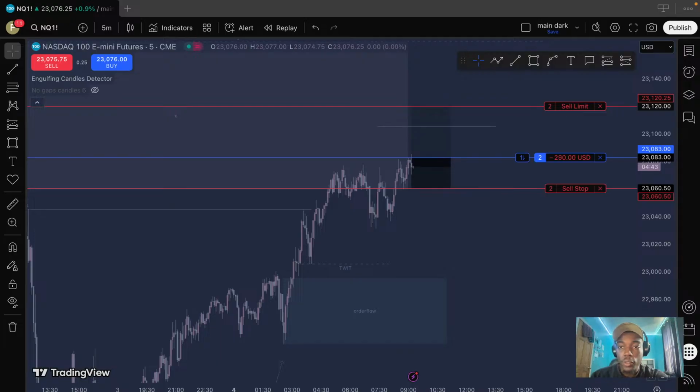But we'll see if it wants to commit to that and continue lower. If it does, then I'm a loser. If it doesn't, great. But regardless, we're gonna let this trade play out. I know what I saw going into it, so it's just about being patient and letting it play out.